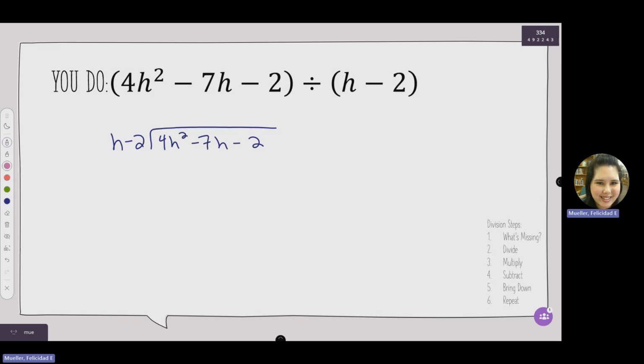So we're going to take our first term, 4h squared divided by h, and we get 4h. So we're going to multiply by 4h: 4h times h minus 2, and we get 4h squared minus 8h.